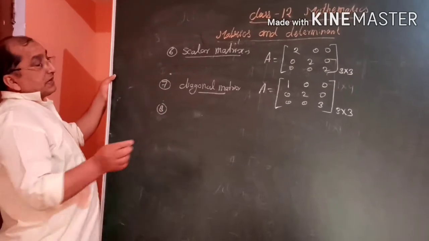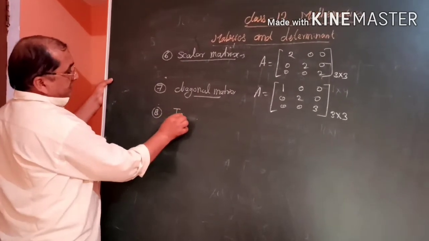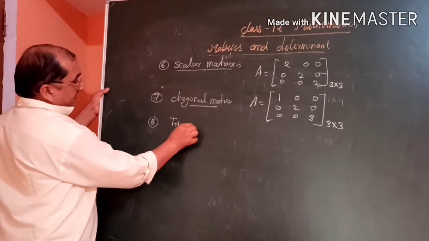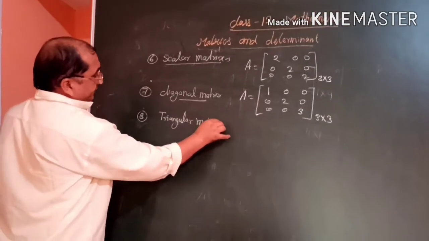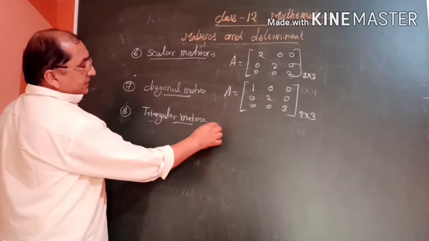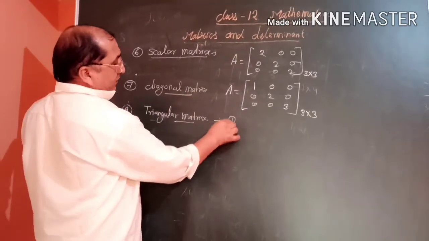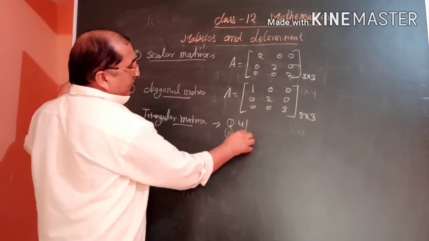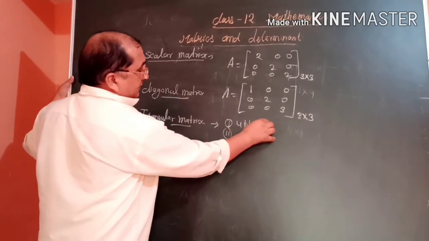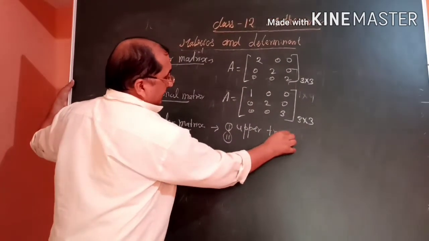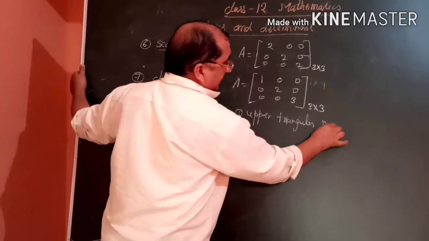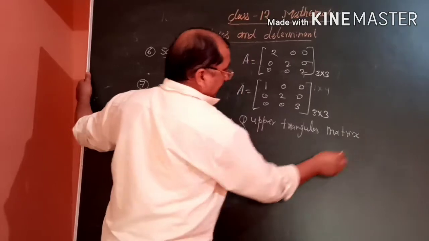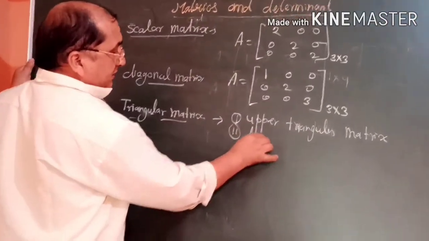Number 8 is the triangular matrix. There are two types of triangular matrix: number one, upper triangular matrix, and number two, lower triangular matrix.